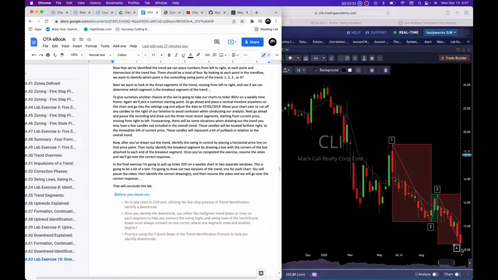Now what I want you to do is go ahead, looking at these numbers, see if you can identify which one of these swing points is the controlling swing point in the downtrend. So go ahead and pause the video. See if you can identify which one of these swing points is the controlling swing point. Then resume the video and we'll go over the correct response. Go ahead and pause the video now.